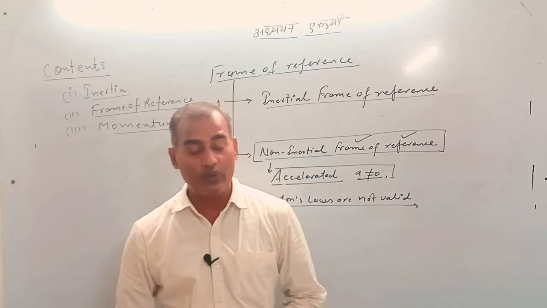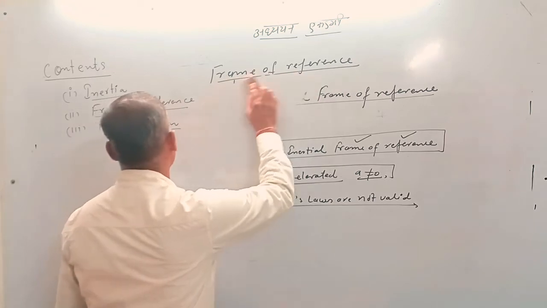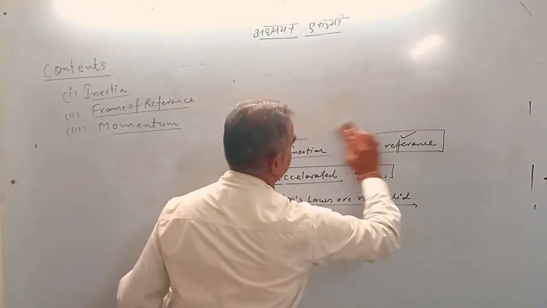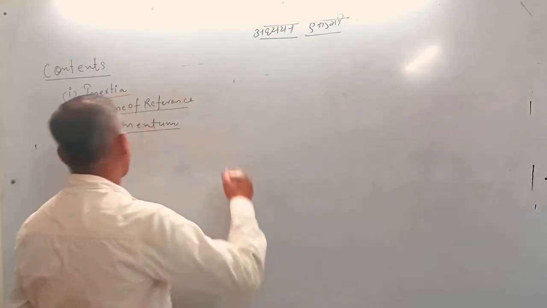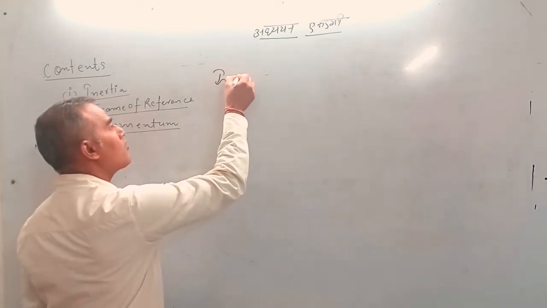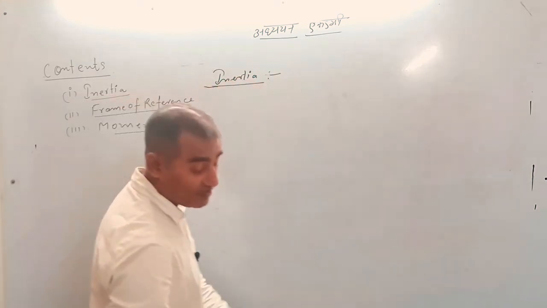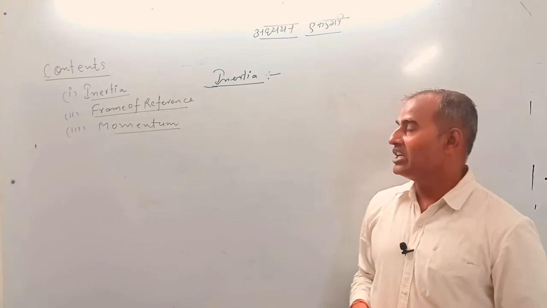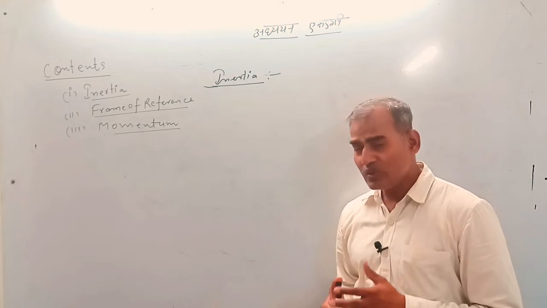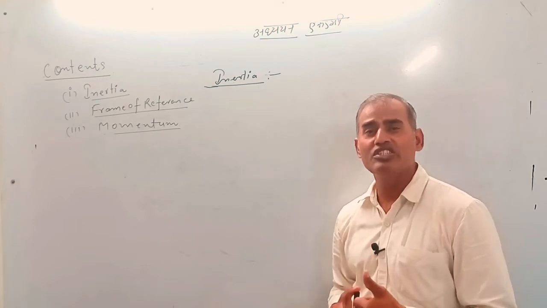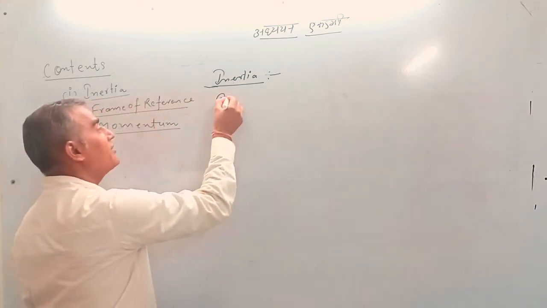Now we are going to define inertia. Next topic, inertia. What is inertia? Inertia is the physical property of any body which opposes its change of position, change of state.